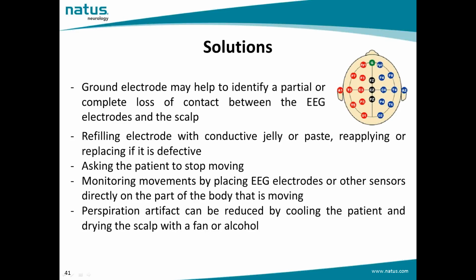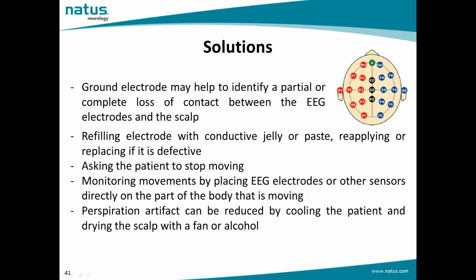Many movement artifacts can be removed by simply asking the subject to stop moving. In persons who cannot comply, for instance in restless or confused patients, infants, patients with movement disorder, a technically adequate recording may not be possible.